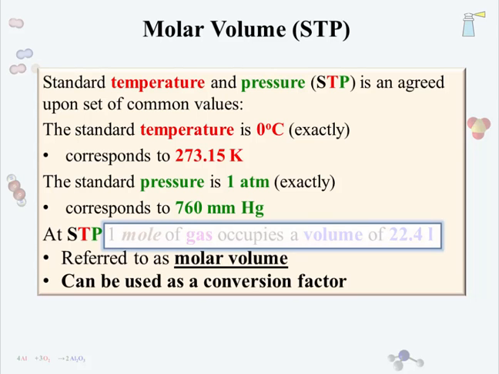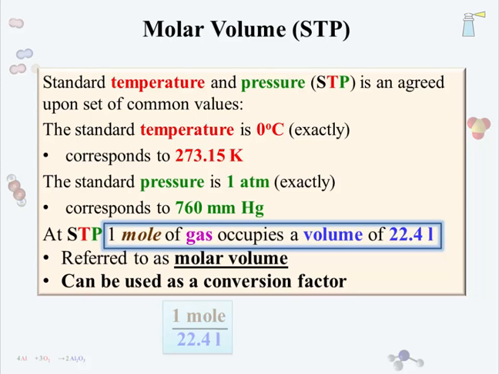At STP, the relationship of 1 mole of gas to volume is 22.4 liters. A ratio or conversion factor can be written as 1 mole of the gas over 22.4 liters, or 22.4 liters over 1 mole. Both of these are molar volumes that are only valid at STP. Both of these are molar volumes that are conversion factors.